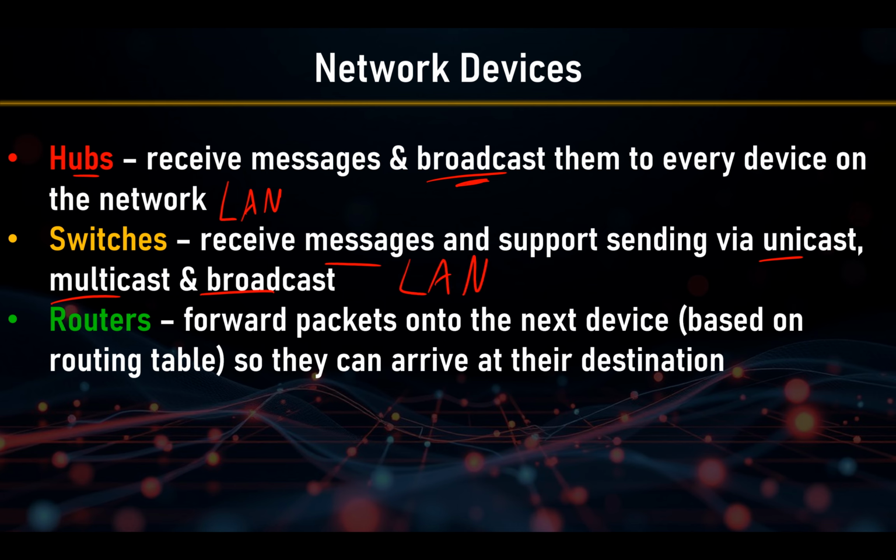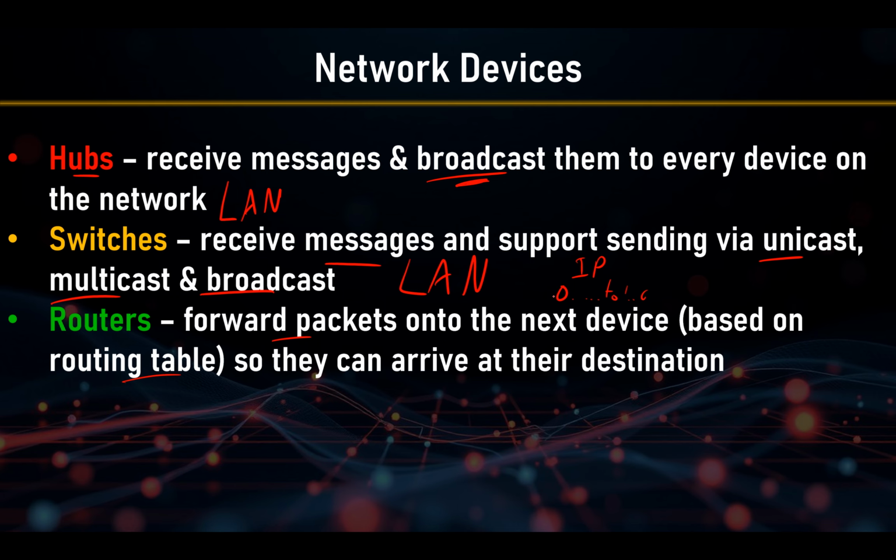Now, in contrast, routers are basically going to be used to send packets between different networks. So here we say it's going to forward packets onto the next device, and this is based on a routing table, so that they can arrive at their destination. Now, don't really worry what a routing table is, but basically it's just going to say, here's the IP address of the incoming packet, and then it says, so this is going to be a range, let's say 0 to 100 or something.